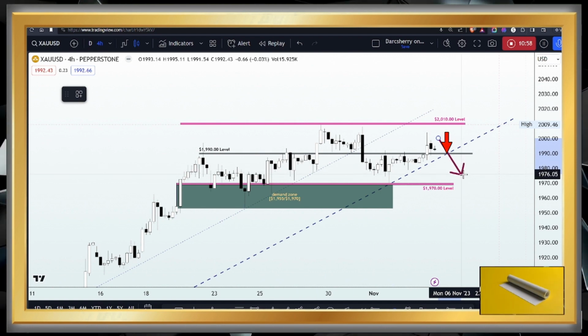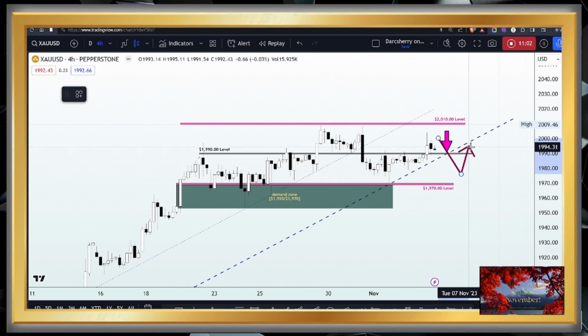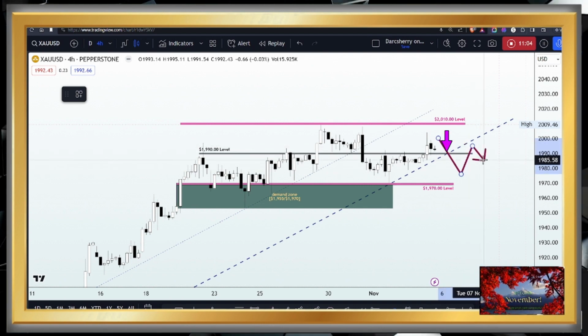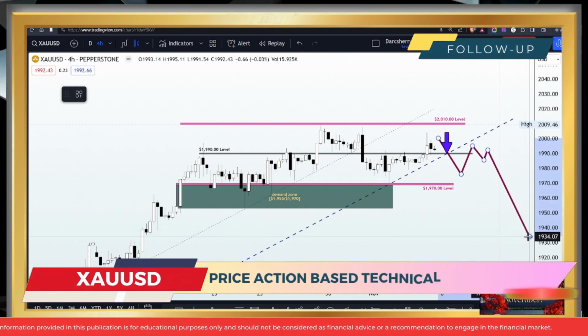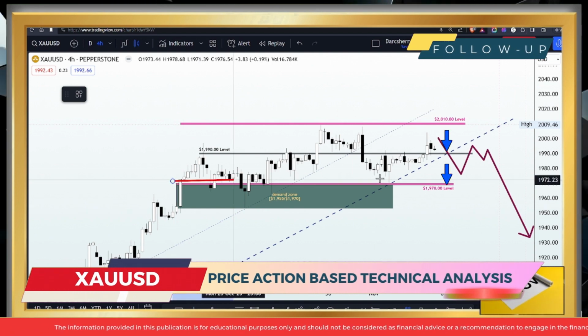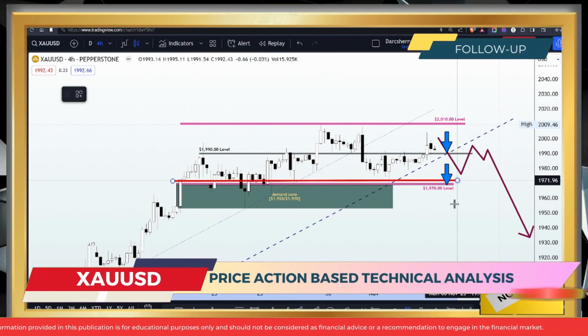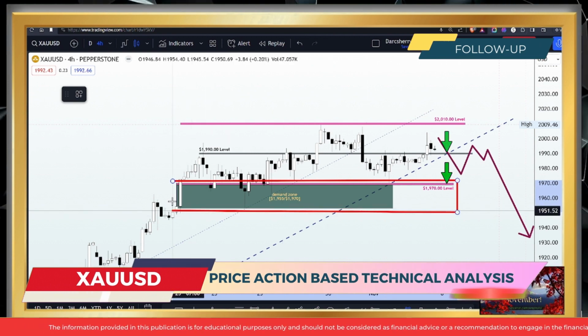And remember that we will need some confirmations that will validate that this is not a false breakdown, where a retest of structure will be all we need to capitalize on the downtrend move. And in fact, if price action does take out all the buy positions within the zone here, then this might likely lead to a massive sell-off to the downside.